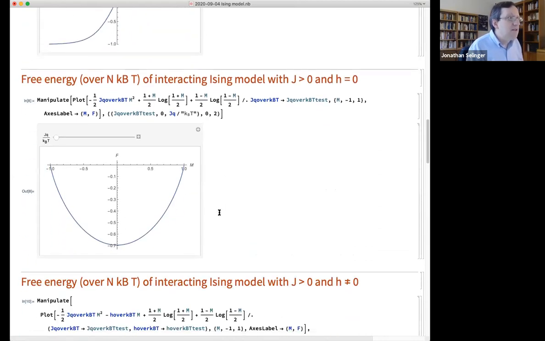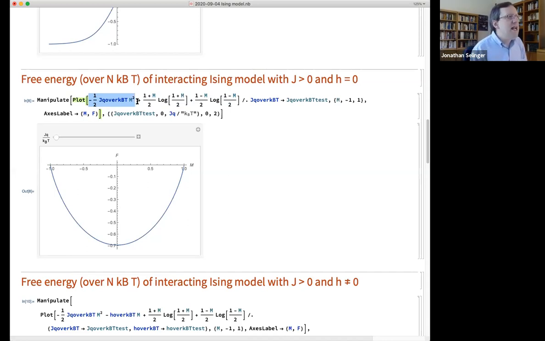Here we have a plot of this combination. The second part of what I'm plotting is the entropy, as we saw before, divided by nkT. The first part of what I'm plotting is now this mean field approximation for the interaction energy.